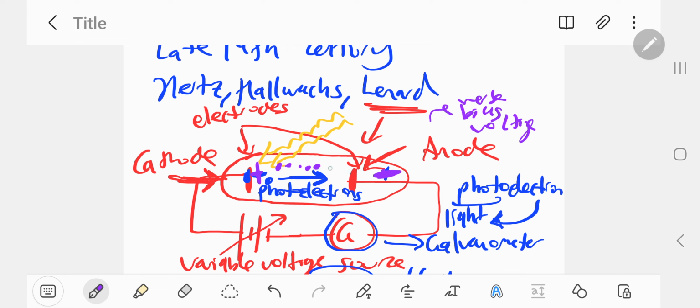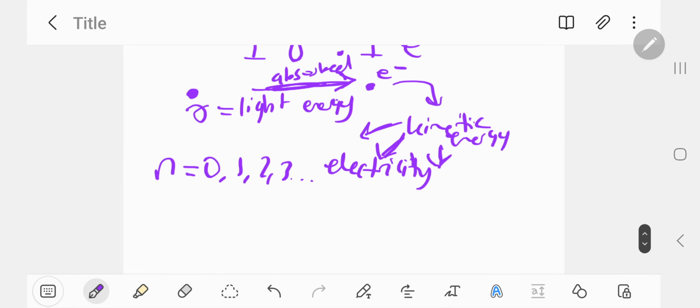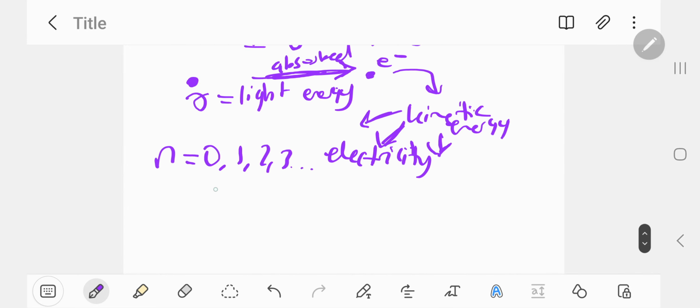Negative electrons, photoelectrons, are repelled by the negatively charged plate. So no current is then measured, no electricity is measured through the galvanometer. And this reverse bias voltage allows you to calculate the kinetic energy of the electrons as follows.